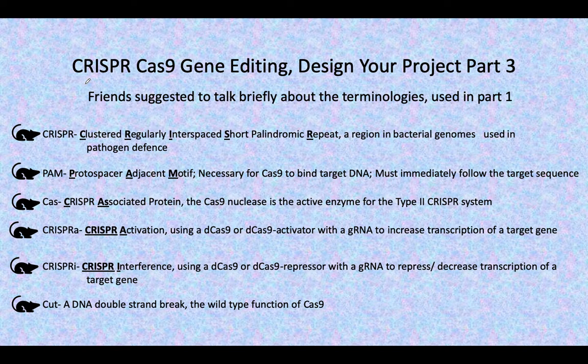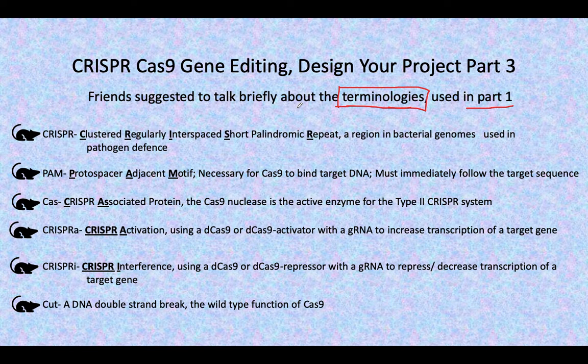Although this part 3 was supposed to be how to design your sgRNA based on the gene of your interest, many of my friends suggested it would be better to talk about those terminologies which have been used in part 1 of this series, and some other terminologies also which are very important to learn before moving toward your project. So let's talk about it.